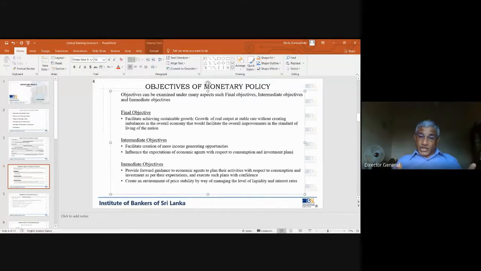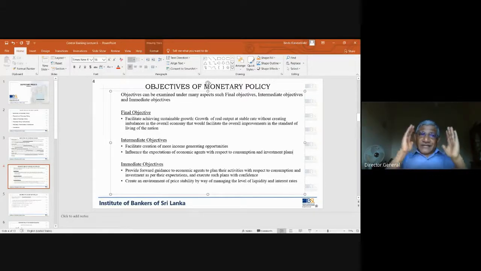But if you have a better job, if that better job offers you a higher salary and all other perks, and you are sure that you will enjoy those benefits continuously in the future as well, you feel comfortable. Okay, that is your final objective. What does that mean? You will have command over more goods and services of high quality.